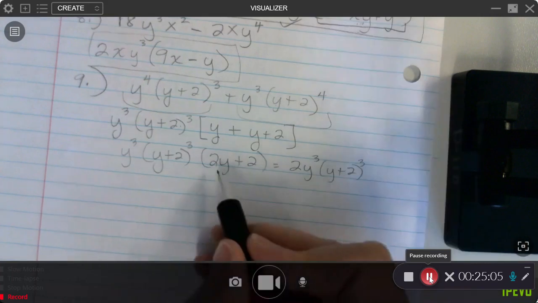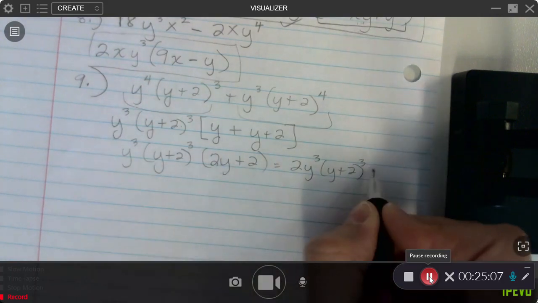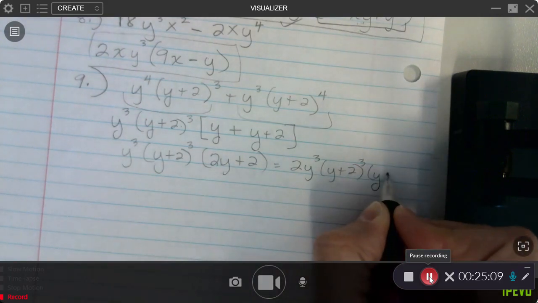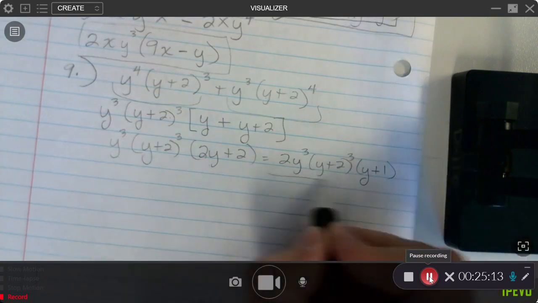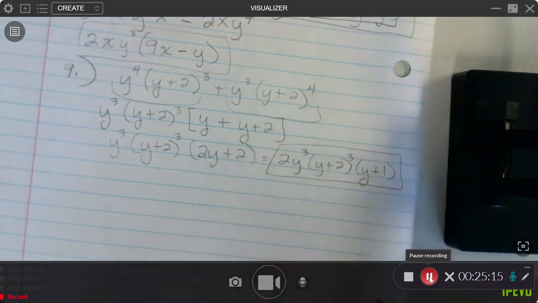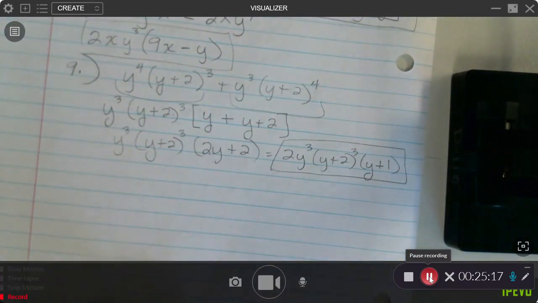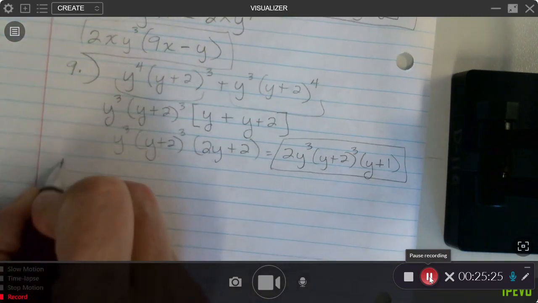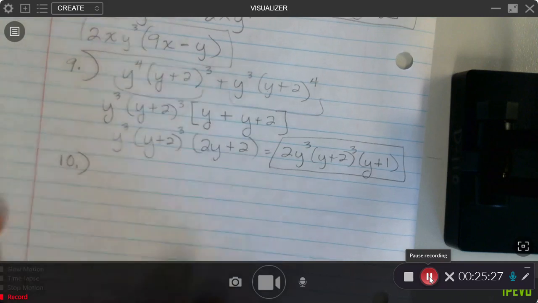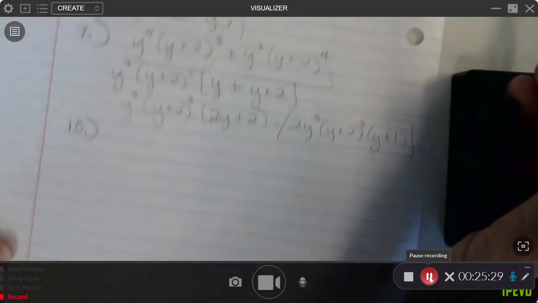And when I factor that 2 out, what's left? Plus 1. So this is just like a little preparation to go a little bit deeper, and mainly so you can get reduced answers.